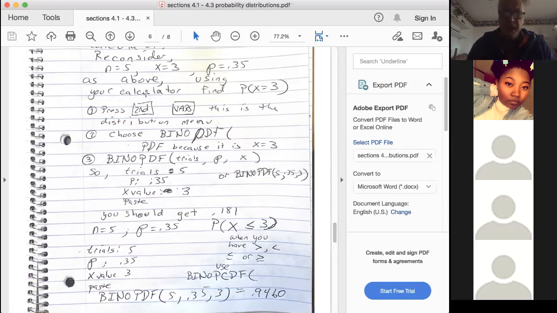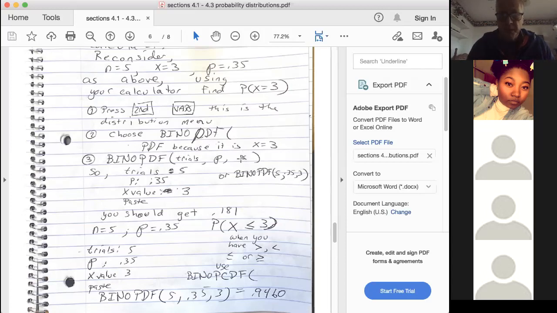So I'm going to press second, vars, and I'm going to arrow down to binomial PDF. Don't get the 2 confused. And then I'm going to put it in the following way. If this binomial PDF, after you press enter, shows up on your home screen, you put in the number of trials, so you'd put 5 in, then the comma key, then 0.35, because that was P here, then the comma key, and then whatever x is equal to, so that'd be 3.